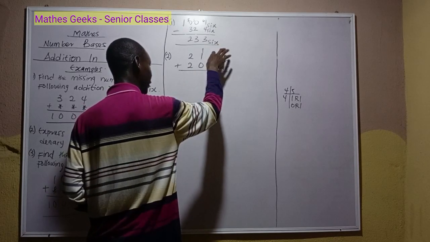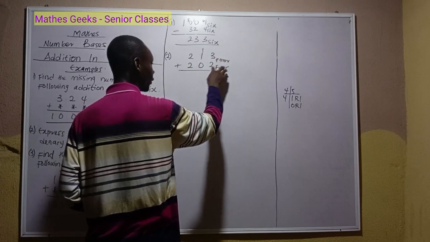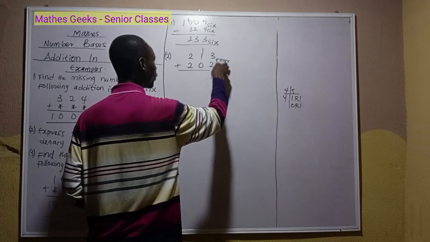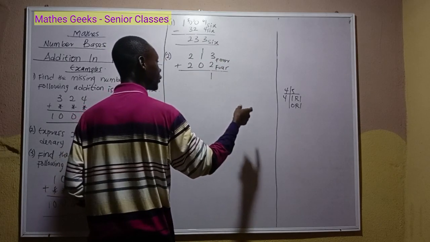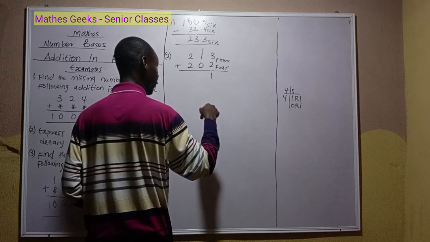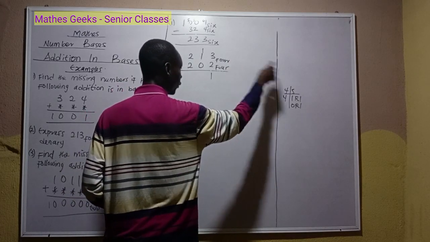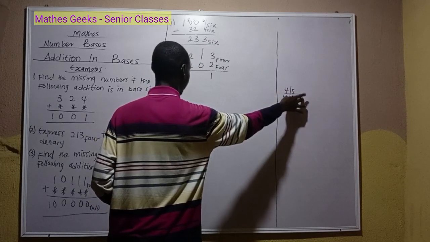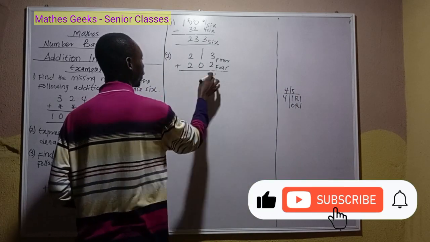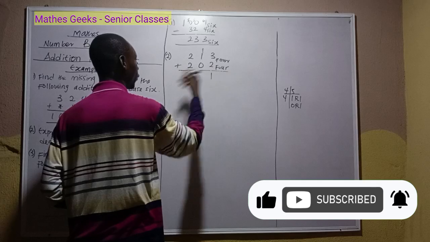The addition of 3 and 2 is 5, which is greater than 4. So you need to get the value of 5 in base 4. You do that by dividing 5 by the base. So when I did that, I got 11. And what you do is write down 1 and carry the other one over.